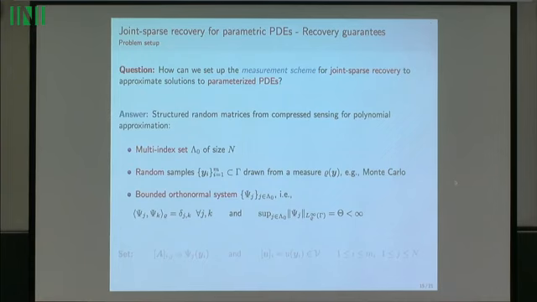And then you need a bounded orthonormal system, and you'd set your measurement matrix A, where the ij entry in the jth column is the basis function psi j evaluated at the points yi. And then you'd set your data to be a matrix of the sample values of your parameterized PDE solutions at the points yi.